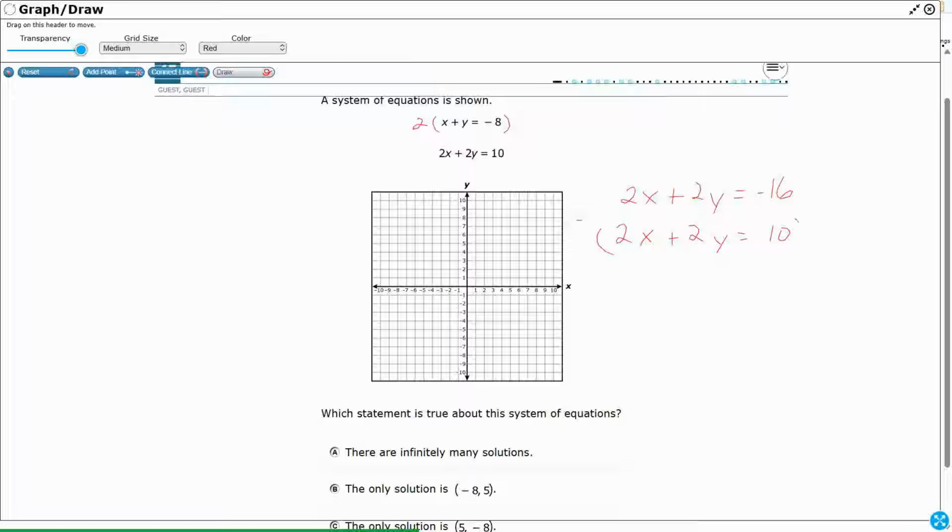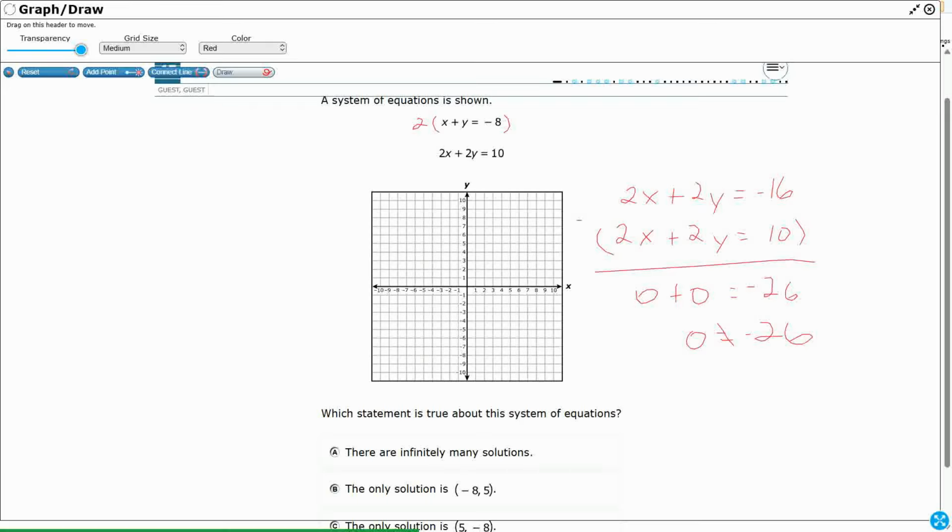Subtracting this whole thing right here. Well, that's not going to work because look, that's going to get you 0 plus 0 equals, and then it's going to end up being negative 26. So 0 equals negative 26. All right, I am thinking that is incorrect, which means I'm thinking there are no solutions.